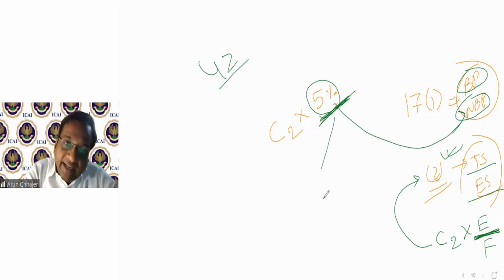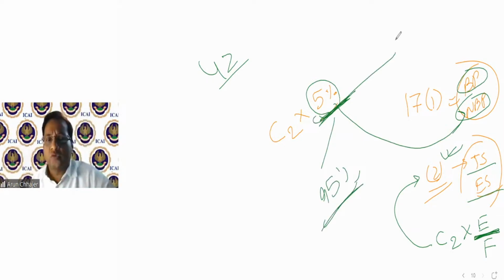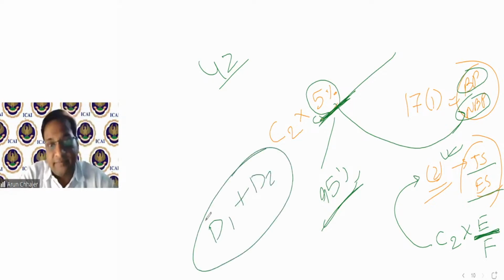So effectively, they are saying 95% is business use, 5% is non-business use. You can reverse that particular component. So basically, it is D1 and D2, which you need to reverse.